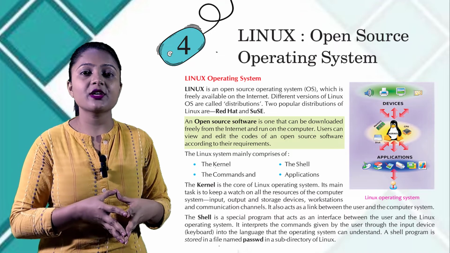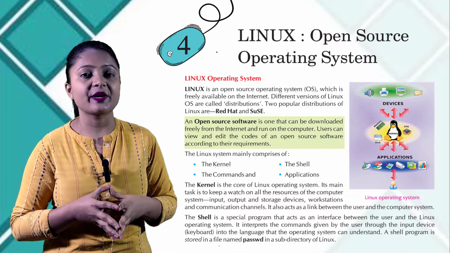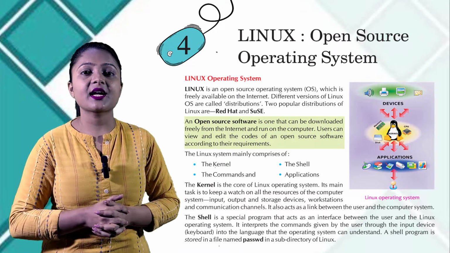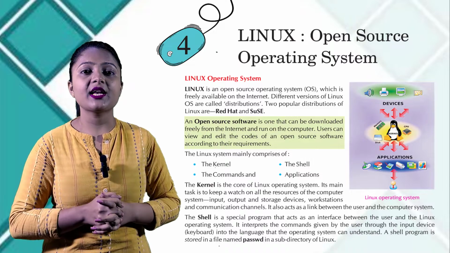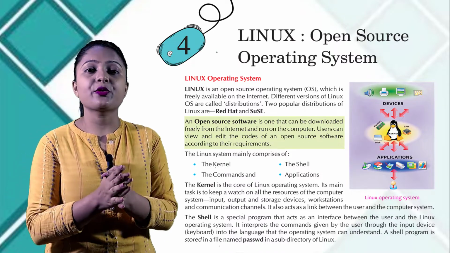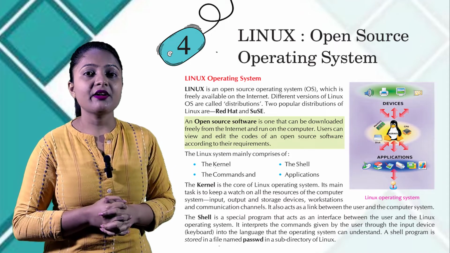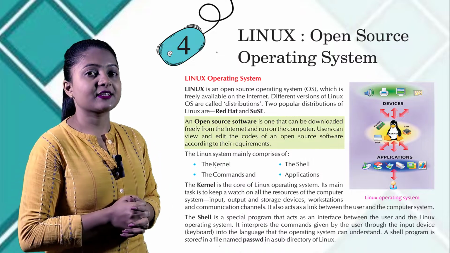The shell is a special program that acts as an interface between the user and the Linux operating system. It interprets the commands given by the user through the input device keyboard into the language the operating system can understand. A shell program is stored in a file named password in a subdirectory of Linux.